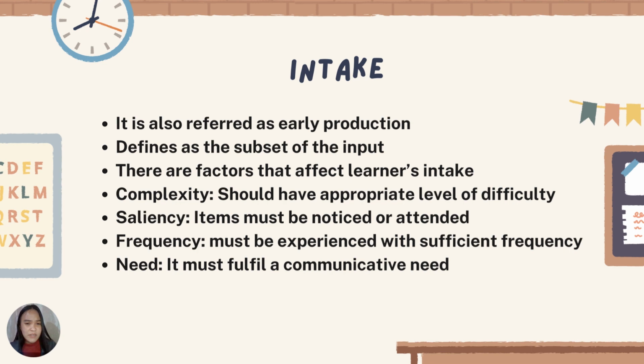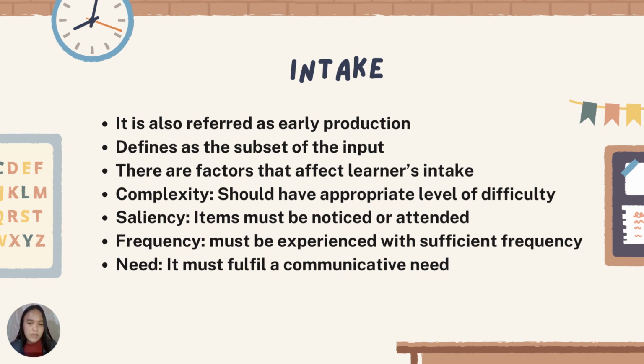Next, we have frequency. Those grammar items or structures should have a sufficient frequency, or there must be repetitive patterns, or the learner should frequently deal with those types of items that can help them in learning a certain grammar.